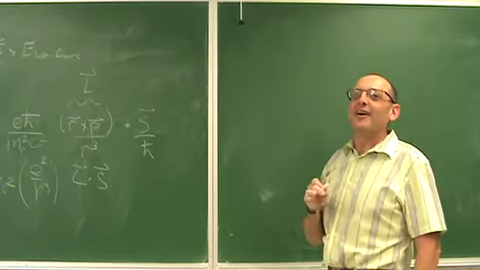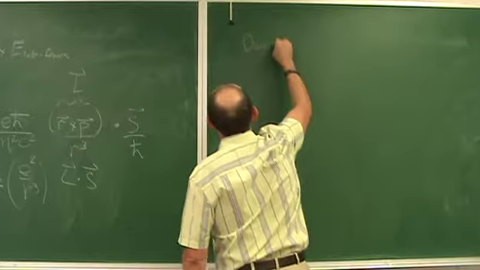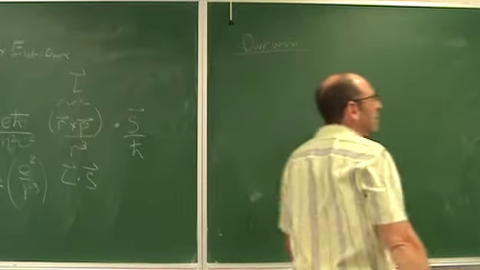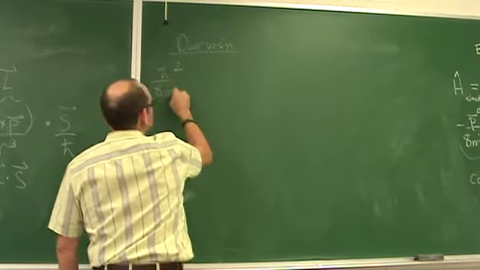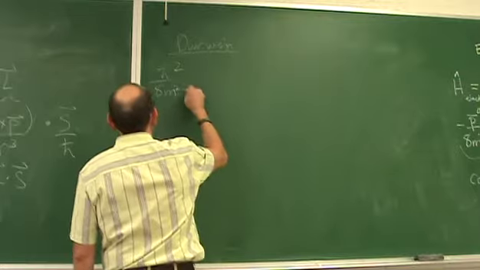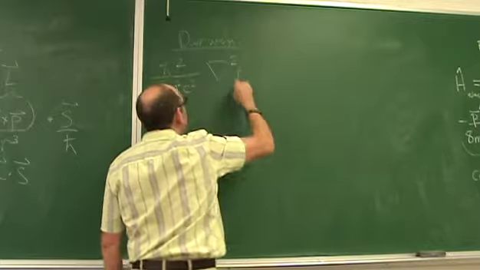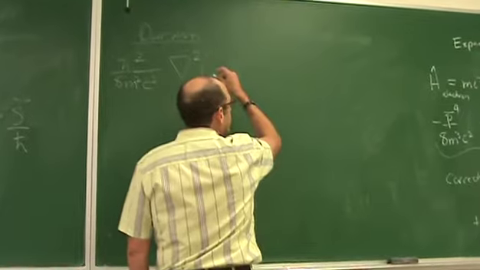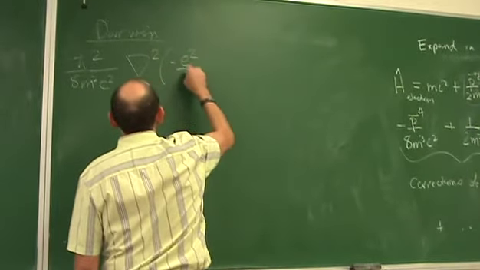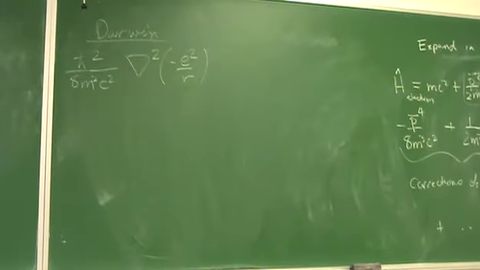All right, so what am I saying? Oh yeah, we were talking about the Darwin term. That's what this is called. It's not the Darwin, it's some other Darwin. Maybe they were related, I don't know. What is this? This is del squared of the potential. The potential here is the Coulomb energy associated with the proton and the electron.